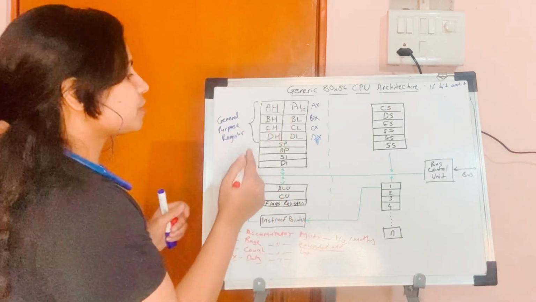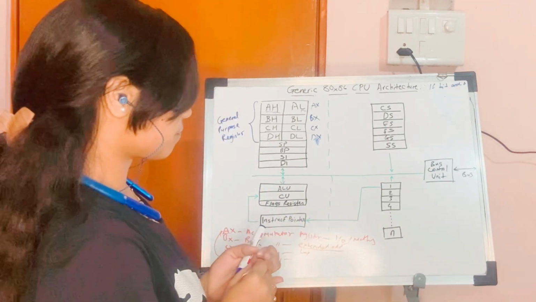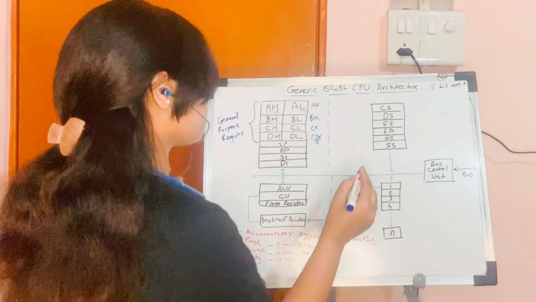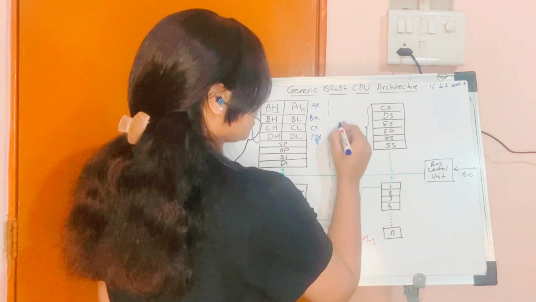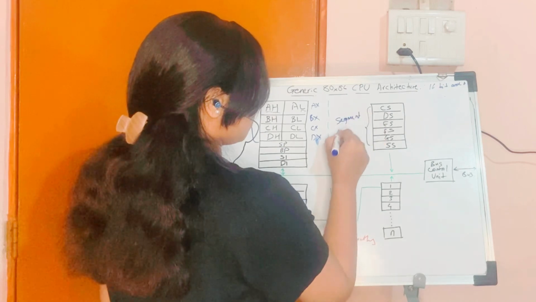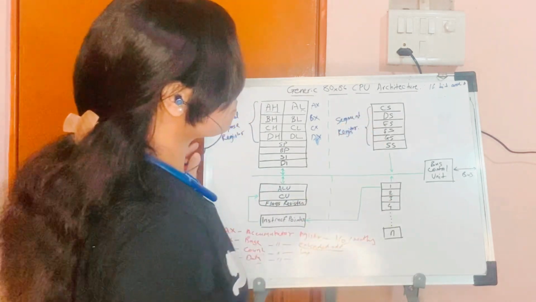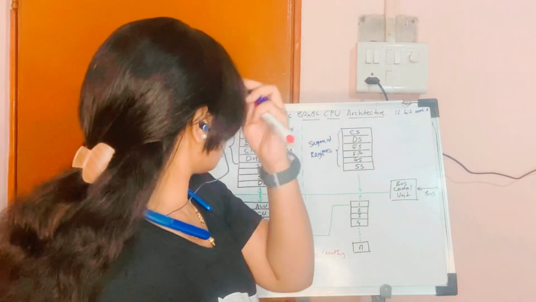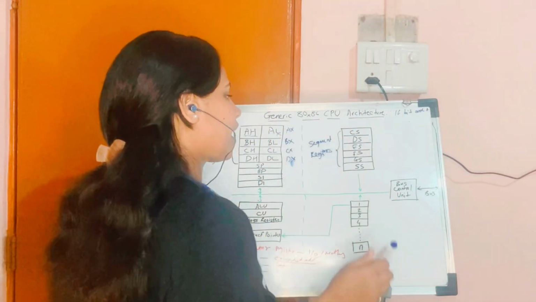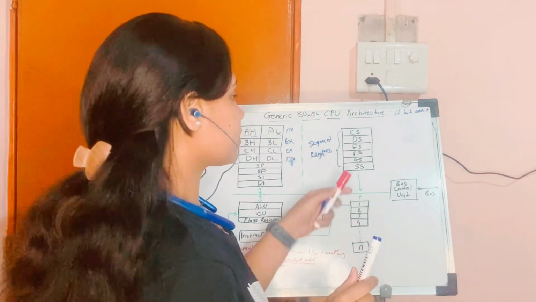The next type of registers is the segment register. The segment register has 6 different types.